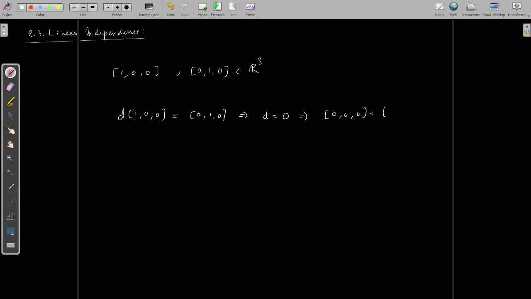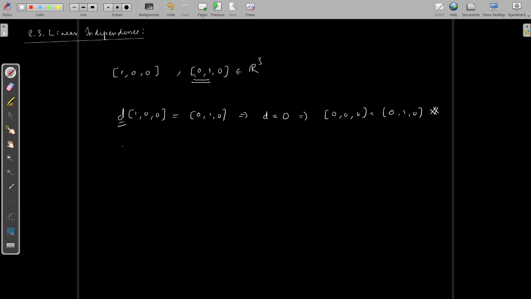When you put d equal to 0 here, you get 0 times this. So (0, 1, 0) equals (0, 0, 0), and this is a contradiction. That means the vector (0, 1, 0) is not a multiple of (1, 0, 0), or (0, 1, 0) is not a linear combination of (1, 0, 0).